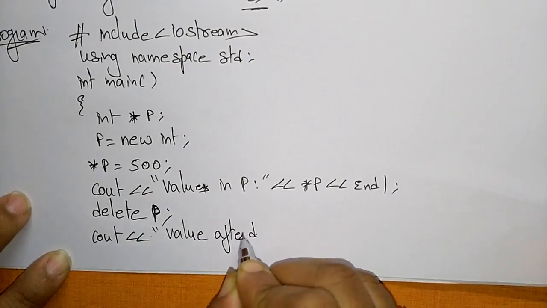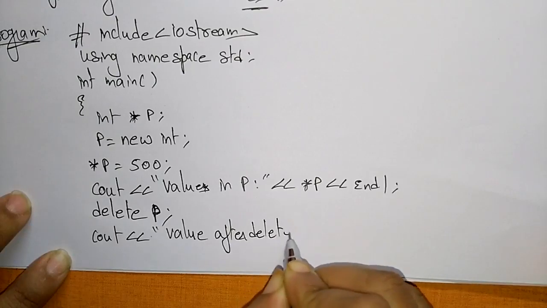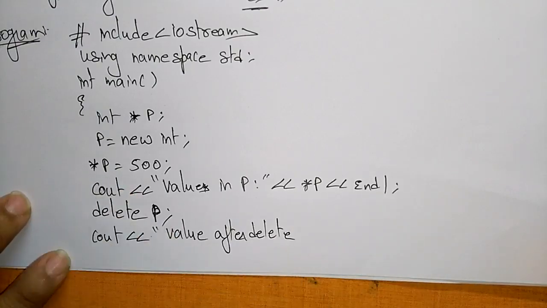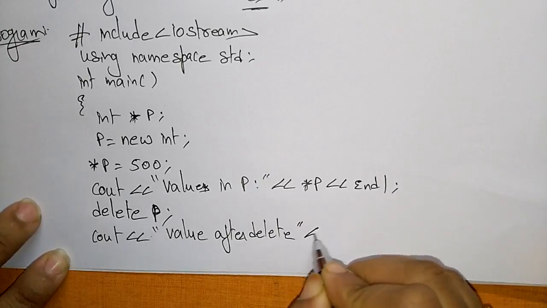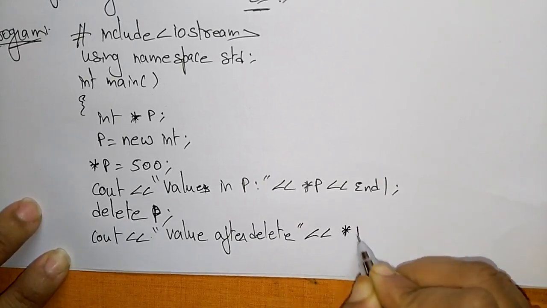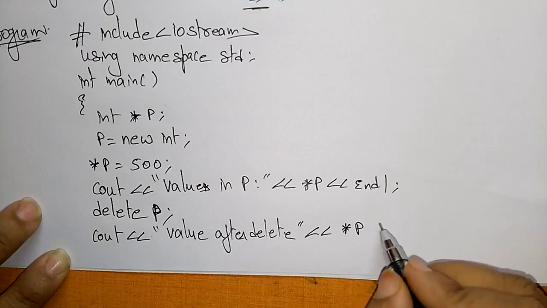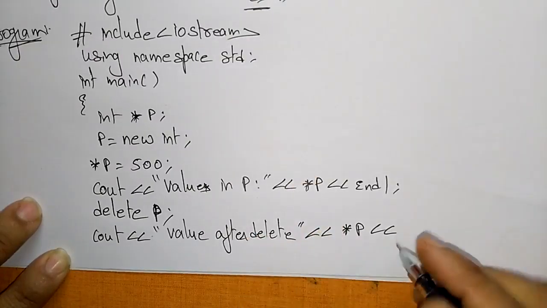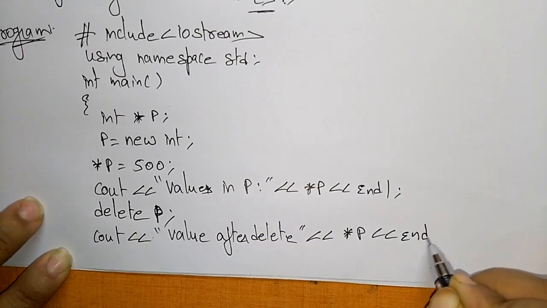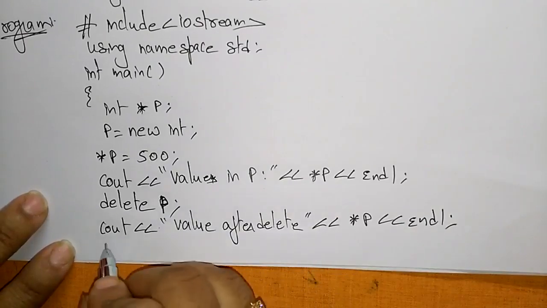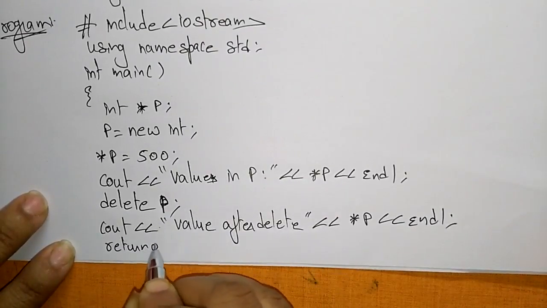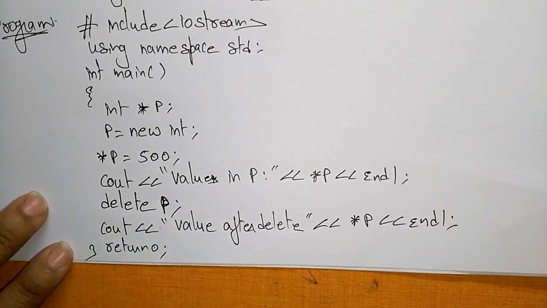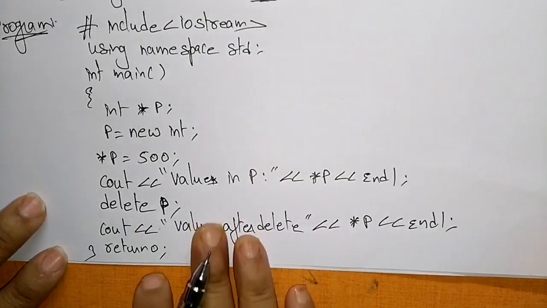Some garbage value will be there, so the 500 will be deleted. The pointer p is deleted, meaning that particular memory location is deleted. And return 0. This is how to delete it.